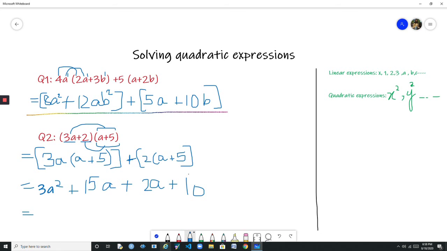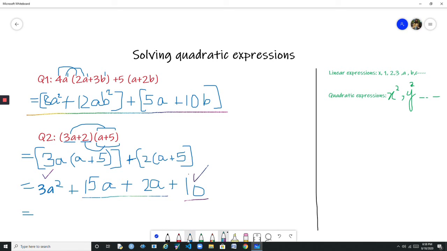We can see that already we have all the like terms together. This is alone, 3a square, because we don't have any other a square term. These both are like terms, so they are already put together. If not, we have to put them together. Then we have 10, which is also unlike the others, so it's also alone.